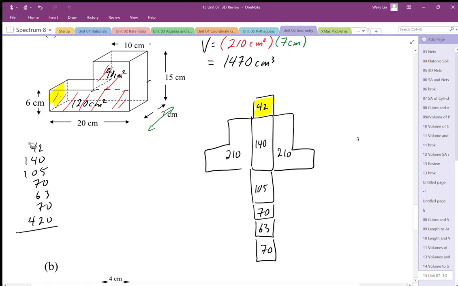There's going to be 50, 90, 160, 220, 290, 310. I'm going to put the 3 over here, 300 and 400, 500, 910 centimeters squared of surface area. So my surface area is equal to 910 centimeters squared.